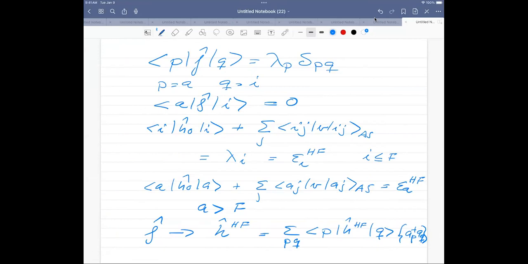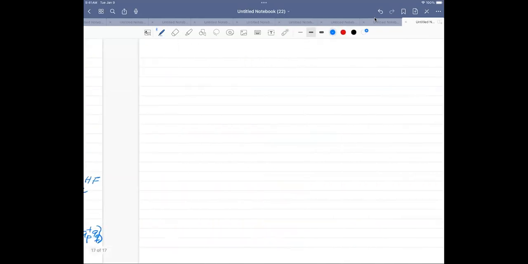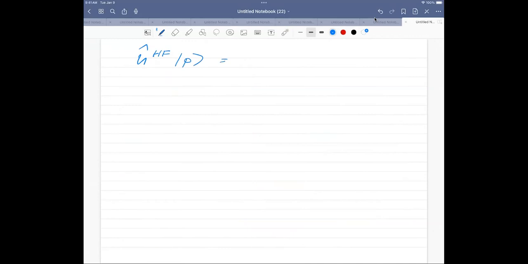So it means that when this acts on a specific state, since we have the equation which you see up here, we can actually let this define a new operator which has as an eigenbasis these states p and q. And you see that quickly now, because if I just rewrite it in terms of an operator H Hartree-Fock, which acts on any of these states p, this is now going to give us an eigenvalue epsilon_p Hartree-Fock, and this contains p here.